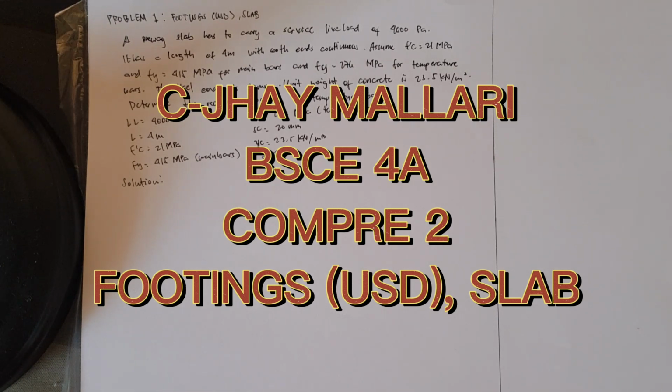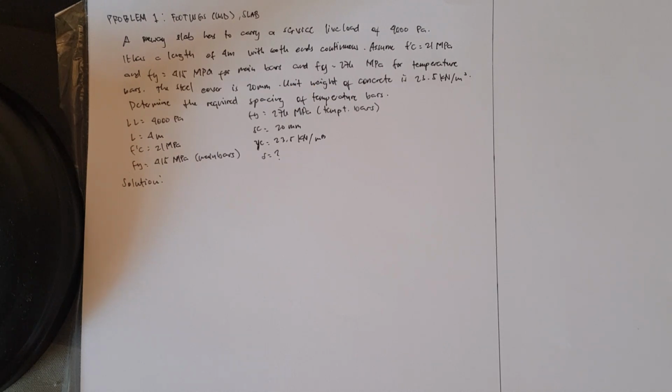So problem number 1. A one-way slab has to carry a service live load of 4,000 Pascal. It has a length of 4 meters with both ends continuous.